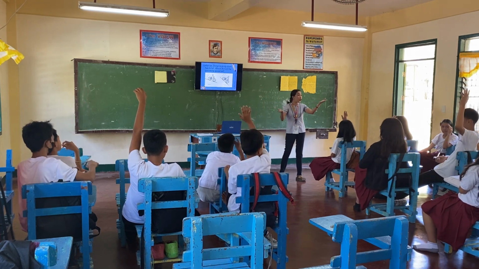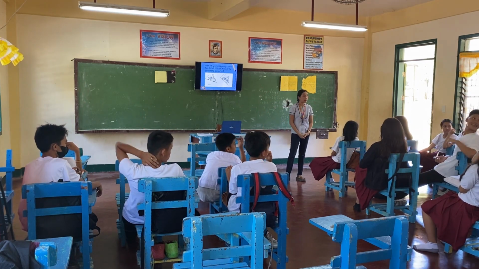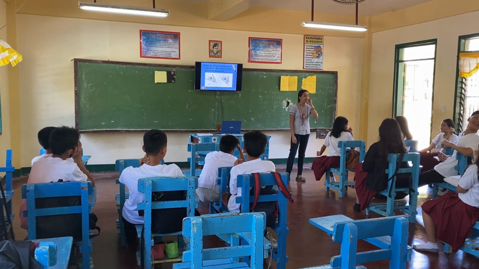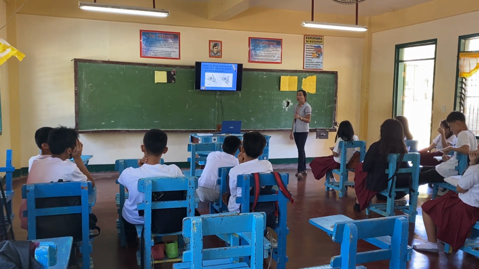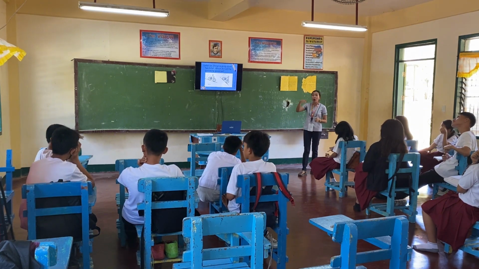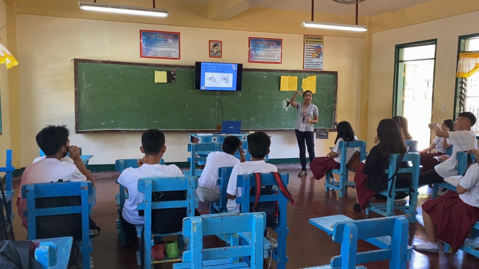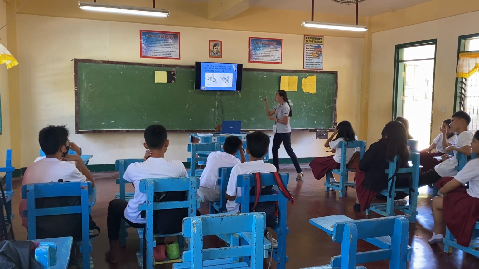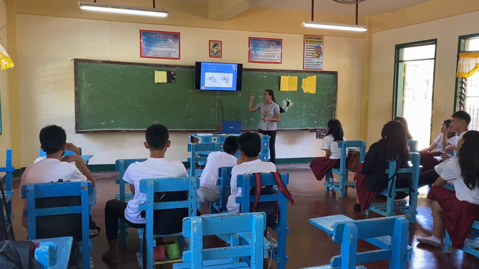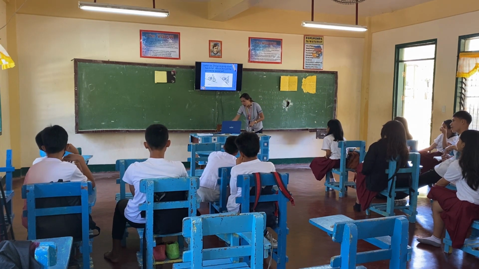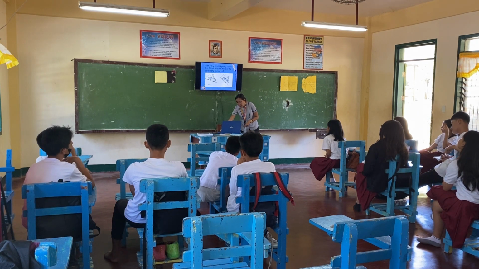Okay, good. How about Jumar? Hill number 4, because his speed is faster on hill number 4. So, hill number 4, that is the hill where we gain more speed.